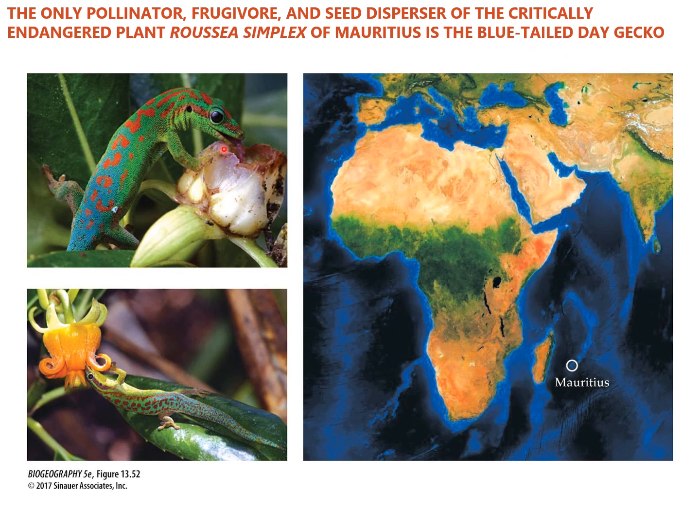Basically, this gecko is the only thing that's able to keep this flower in existence because it's the only one that actually disperses and pollinates this species. So that's some interesting things that can go on there, and that can contribute to higher probabilities of being endangered or becoming extinct.